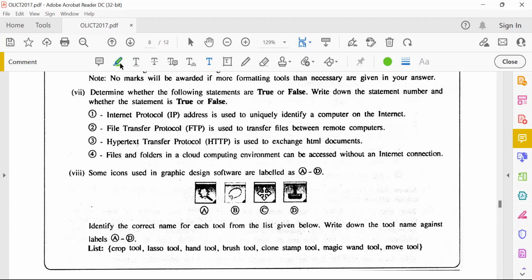So we have to identify whether it's true or false. First one. It says internet protocol address is used to uniquely identify a computer on the internet. Is it true or is it false?